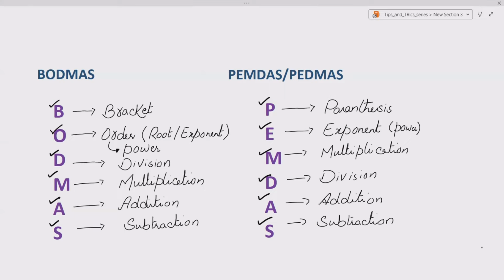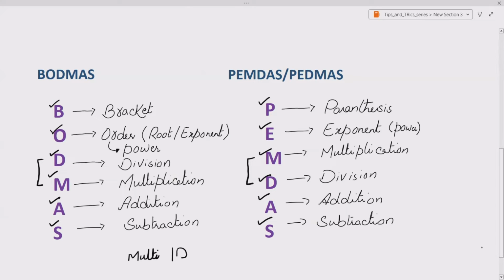Here you notice that in BODMAS division comes first and multiplication second, and in the PEMDAS rule multiplication comes first and division second. But actually this is not a problem, it is a matter of precedence.